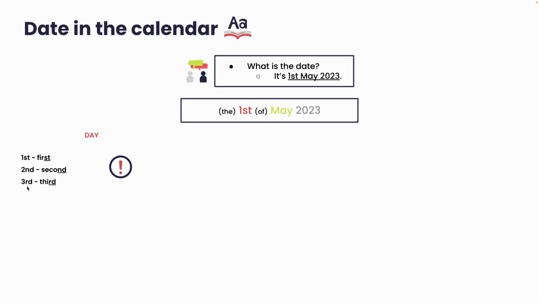Okay, the first 3 are exceptions, so what's next? What's the rule? It's very easy. We take the number and we add this sound written with TH, but the sound is "th", and that makes an ordinal number for us. So let's go with the next one. What's after third? Of course, this is fourth.